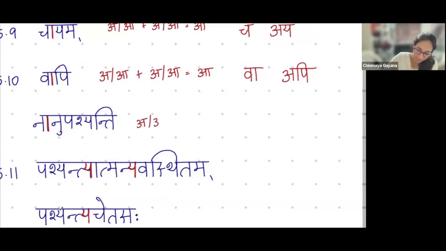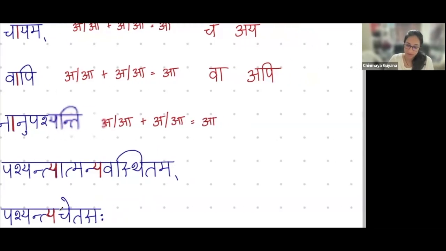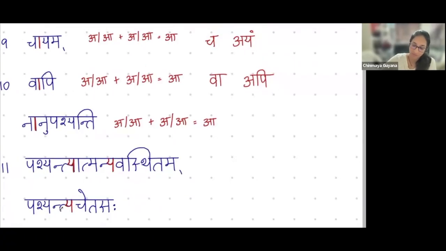A or ā plus a or ā equals ā. And here also, I hope everyone was able to guess at least the first one was na. Not nā, na. Na is an indeclinable. That means no or not. Na.